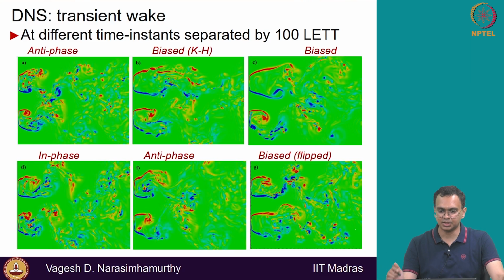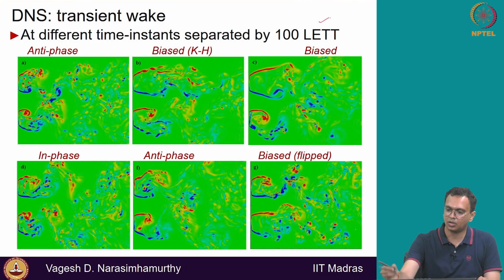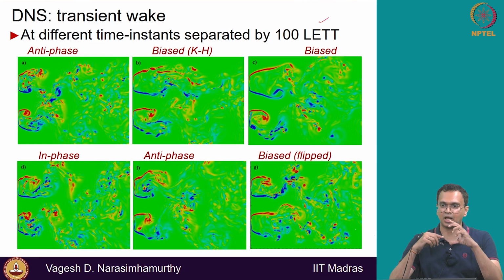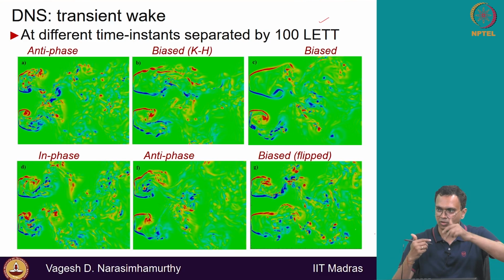And this is just an illustration to show that sometimes how long you have to wait can become a big problem. What we define here is called the large eddy turnover time, that is, the time taken for the largest eddy to turn one roll.